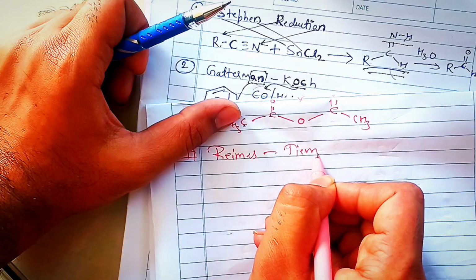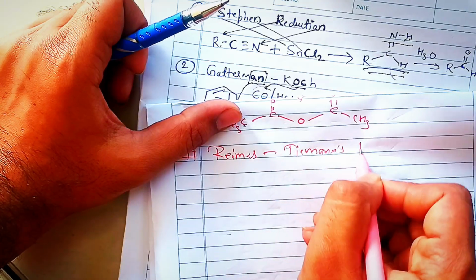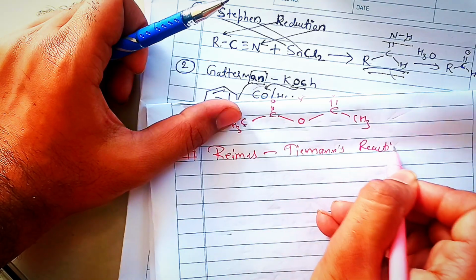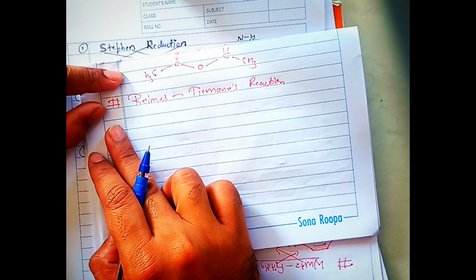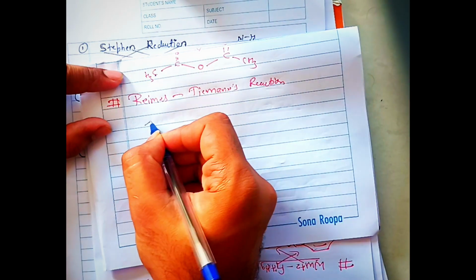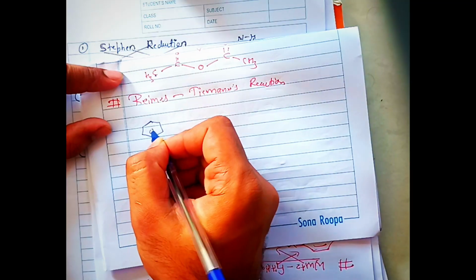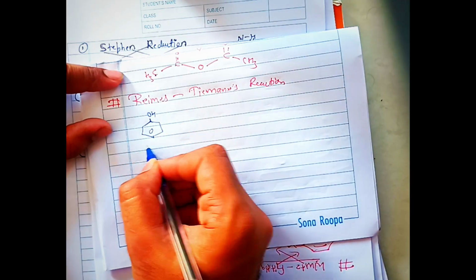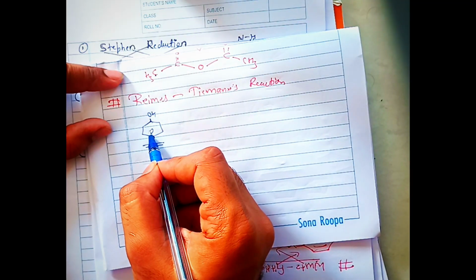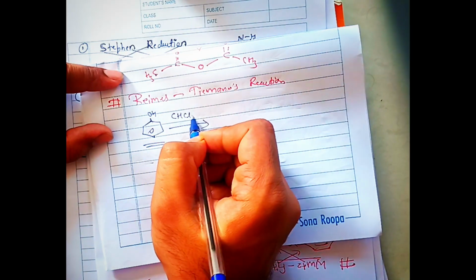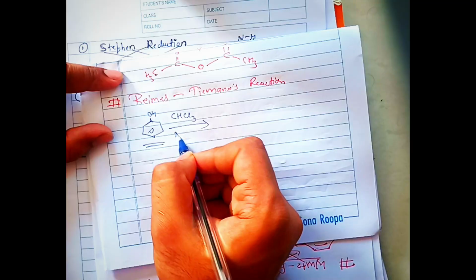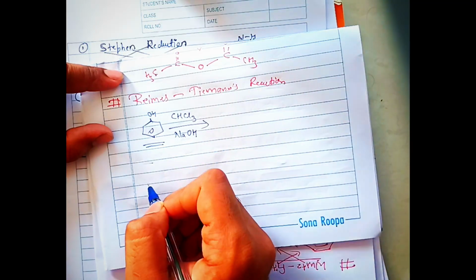Which will be the RT reaction, right? Okay. So here also we can take phenol as the reactant. Then we can take CHCl3 and NaOH, right?